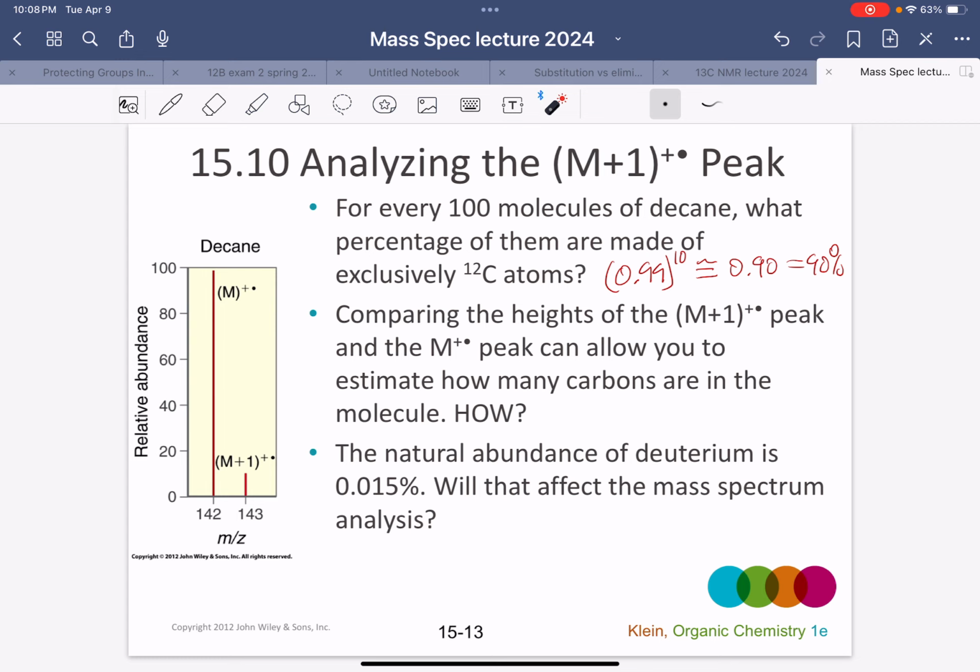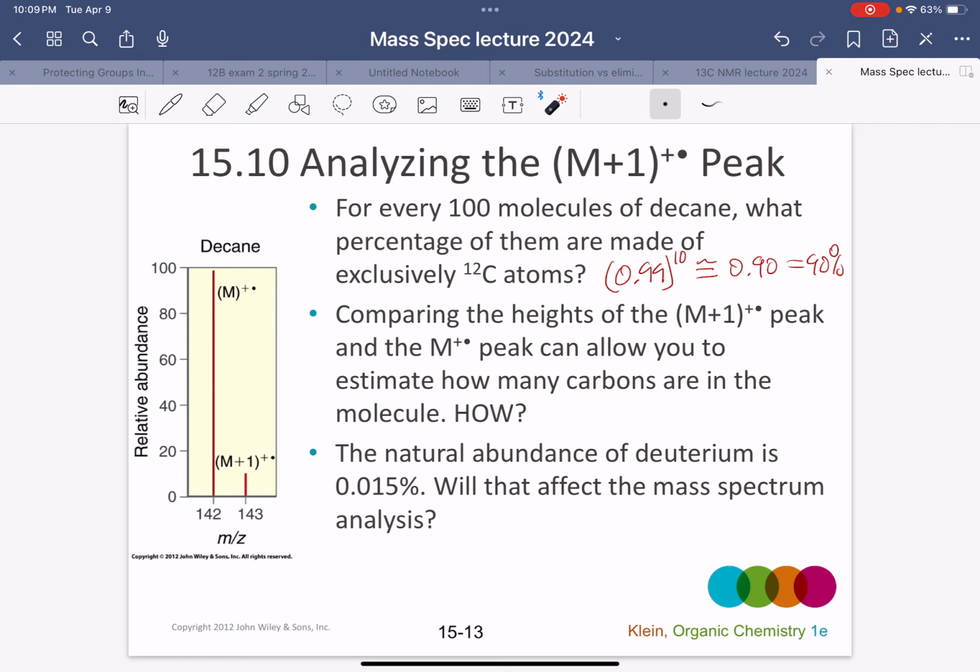But one thing that we're not going to do it for is deuterium, because the natural abundance of deuterium is so small, 0.015%. Even if we had 25 hydrogens in our molecule, we'd still have less than 1% would be a deuterium. So it's just because it's not that common, we don't have to worry about it.